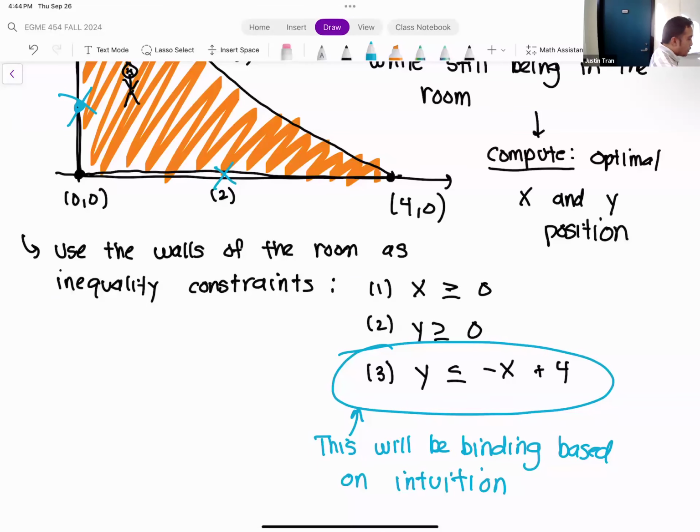And so from here, you can solve the problem with that assumption, right? If you make the assumption that's your binding constraint, you can solve your optimization. What you're probably going to find is that when you do solve the problem, your other two constraints are automatically going to be satisfied.